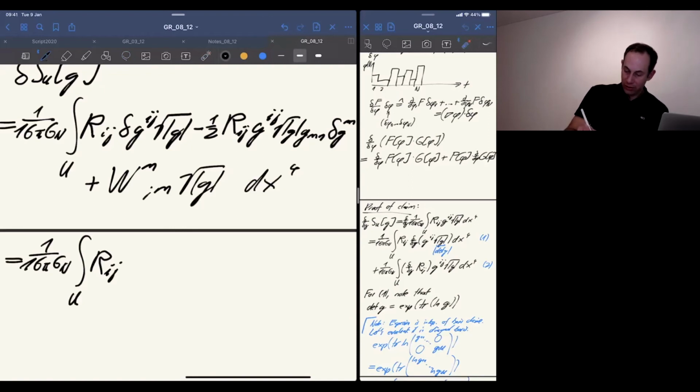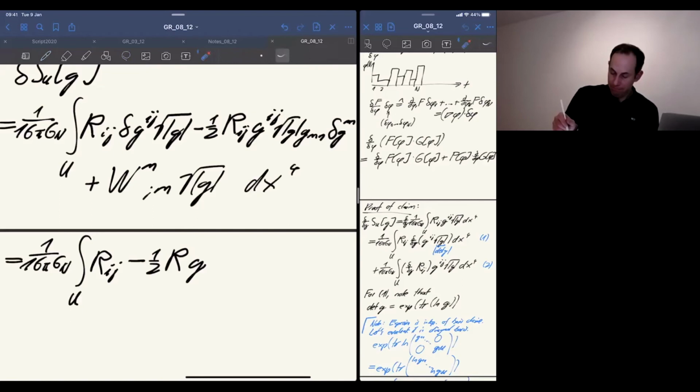So let's just immediately continue with the second part, which is an R_ij G^ij. But what's this? This is just the Ricci scalar. So I can just put here the Ricci scalar, and then we still have somewhere a G^mn. I may relabel.